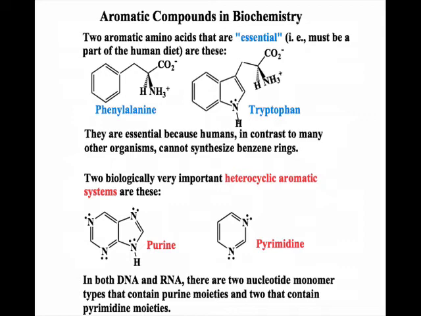How many pi electrons do we have? We have 10. 2, 4, 6, 8, and 10. We have to count the lone pair on nitrogen. Okay? You always count the lone pair? Not always. Not in pyridine. Depends on the shape. If the nitrogen has a hydrogen attached to it, that lone pair has to be in the plane. Okay?